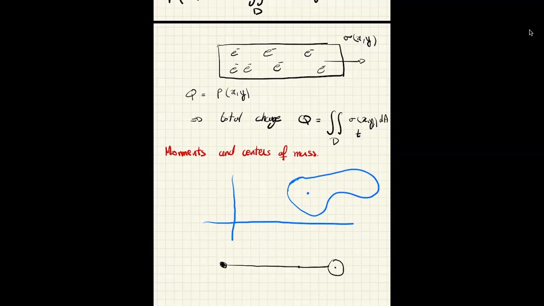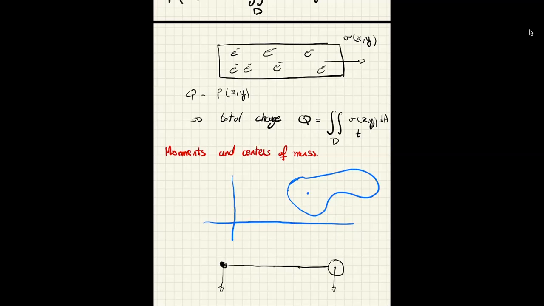That's a very simple application. It has to do with moments of mass. You have the force here and the force here, and you have to find the point where all of this will balance.